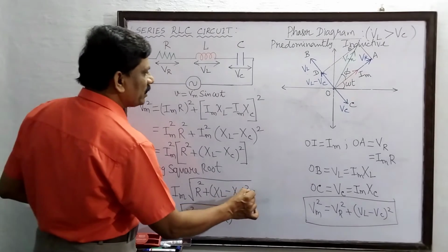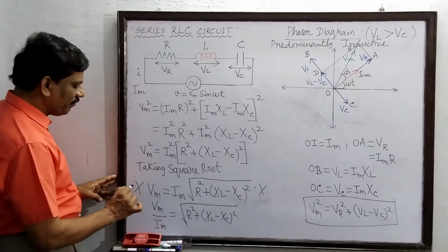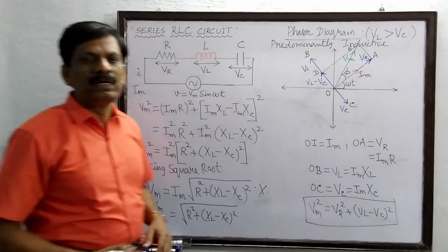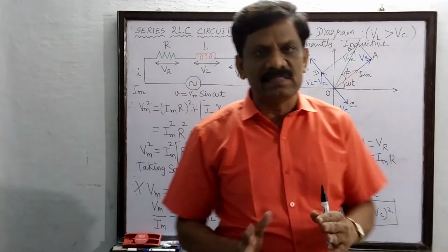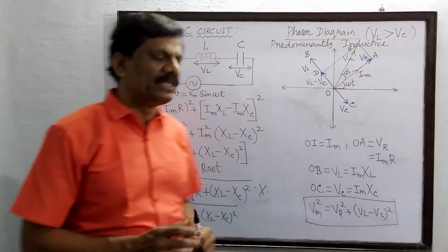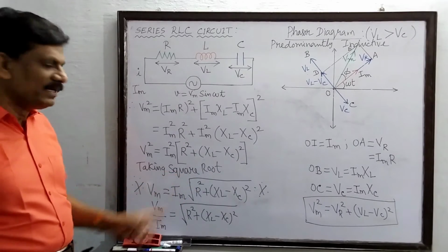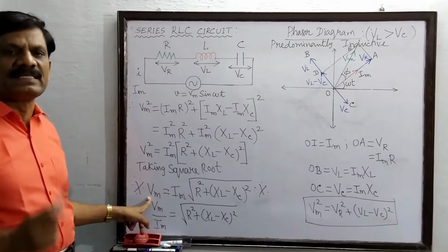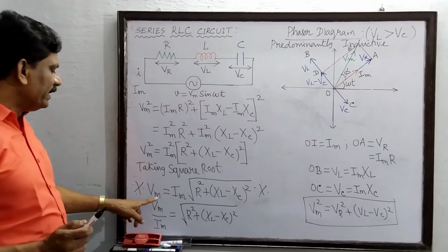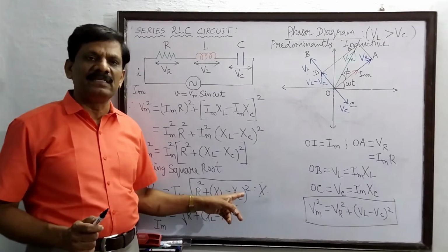Now this equation is very important for us. This is the expression for the resultant voltage in a series RLC circuit. In IIT and NEET type of competitive examinations, this equation will be useful to solve the MCQs. So the expression for the resultant voltage is Vm equal to Im into the square root of R square plus (XL minus XC) the whole square.